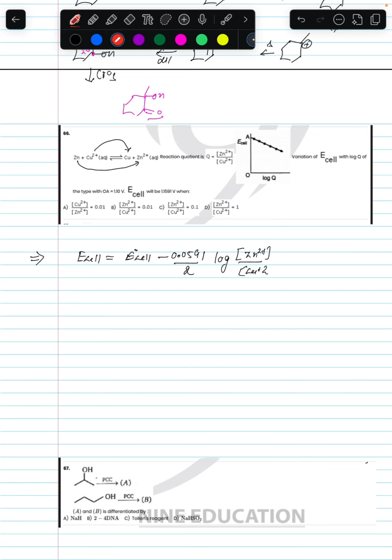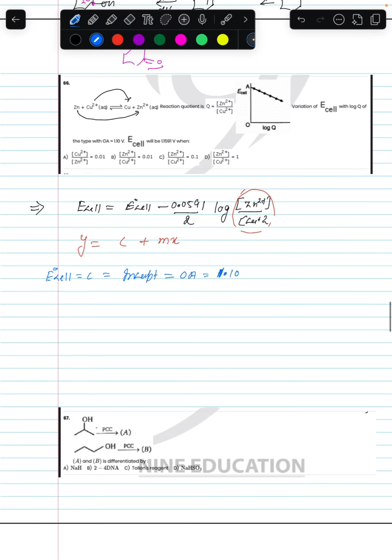The graph is between E cell and log Q, and Q is the reaction quotient. So y equals c plus mx, the equation of a straight line but with negative slope. Comparing, E cell equals c, that is the intercept, which is OA, and that value is 1.10.